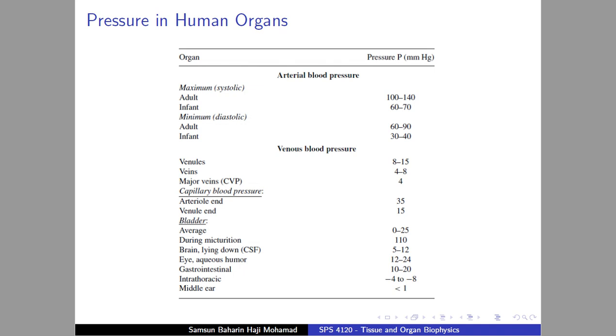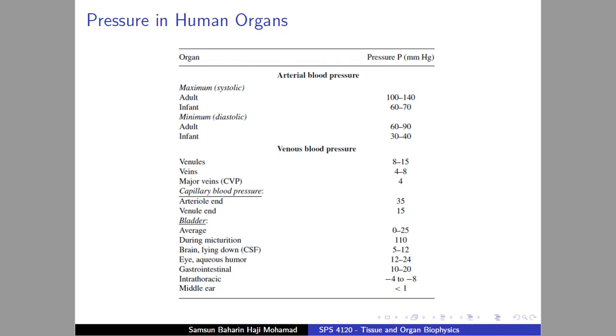In our body, we have pressure. Different parts of the organ have a different number of pressure. For example, the blood pressure is 100 to 140, the nerve 8 to 15 millimeter per Hg.